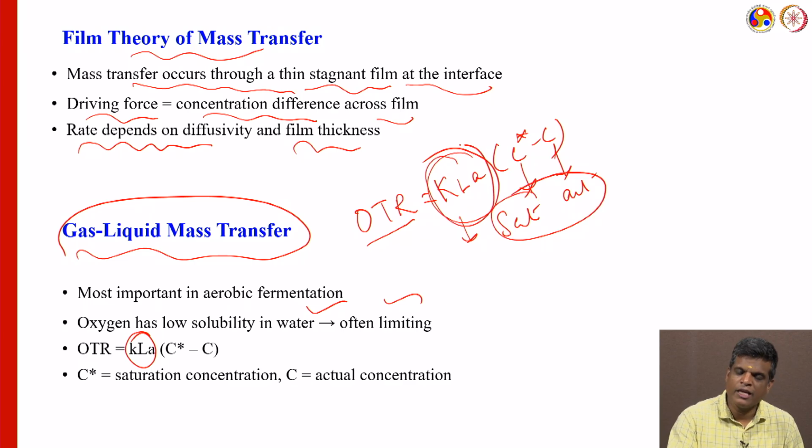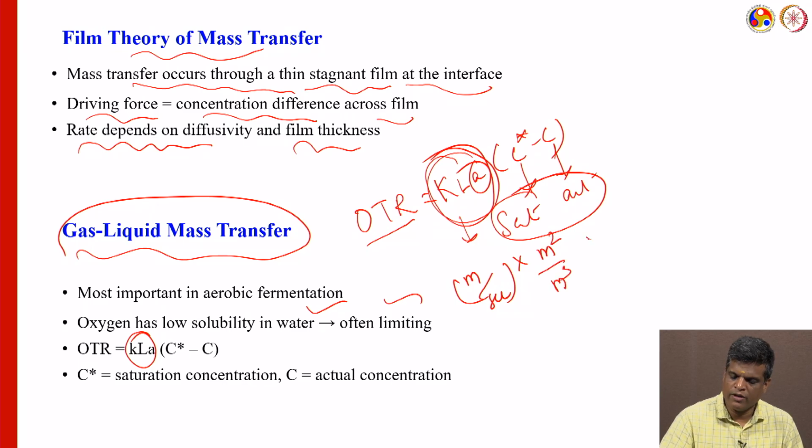For the unit of KLa, KL is meter per second, and then a is the interfacial area, meter square per meter cube, and then C star is kg mole per meter cube. Okay, so this is wrong.